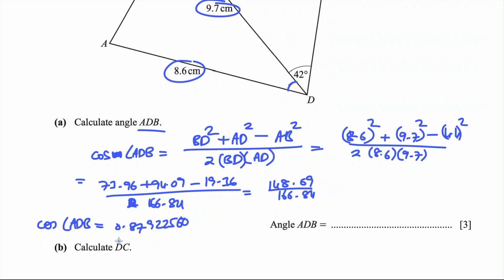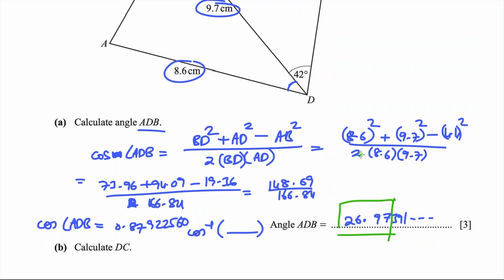And angle ADB would be equal to cos inverse of this value, and cos inverse of that value in degrees is equal to 26.97391 and so on. Because answers are required to be given in three significant figures, you can stop it here. 26.97, this is the correct answer.